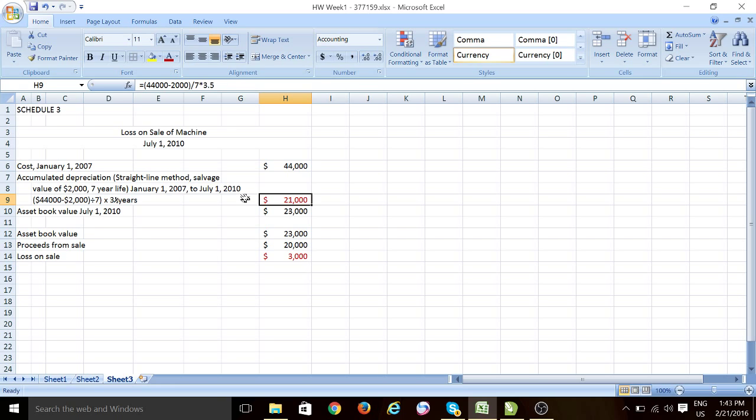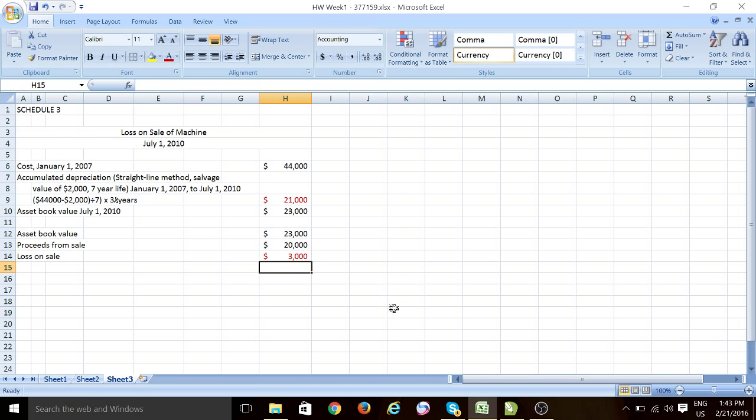The accumulated depreciation is the same as the previous one, supposed to be included in the other income and expense section of Global's income statement, and then the loss on sale should be included in the accumulated depreciation, machinery and equipment account in Global's statement of financial position or balance sheet.